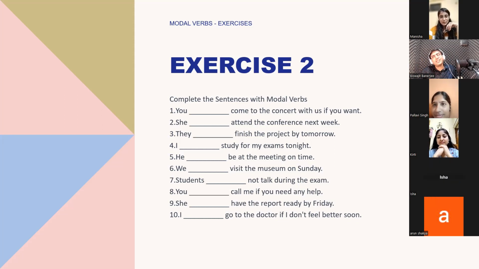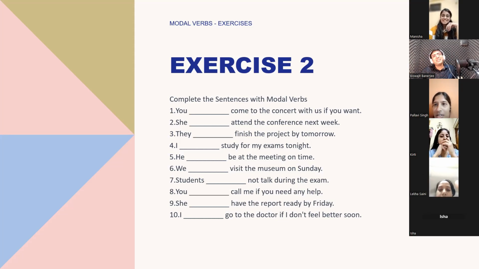She may attend the conference next week. She should attend the conference next week, and she will attend the conference next week. Yes. According to you, whatever comes is always correct, right? According to you means it has the stamp of approval of correctness, right? Well done. All right, moving on.